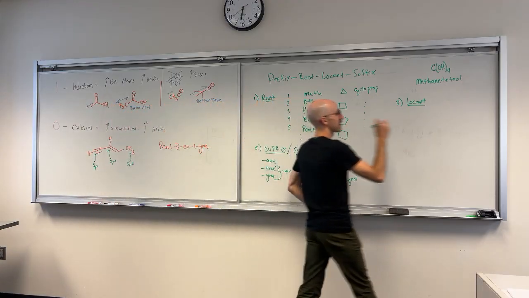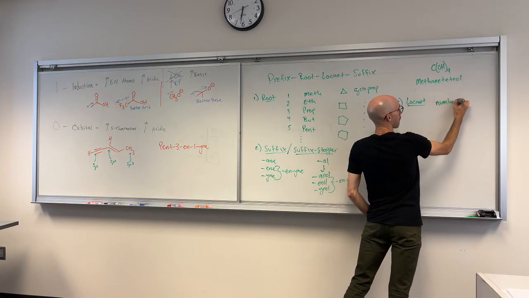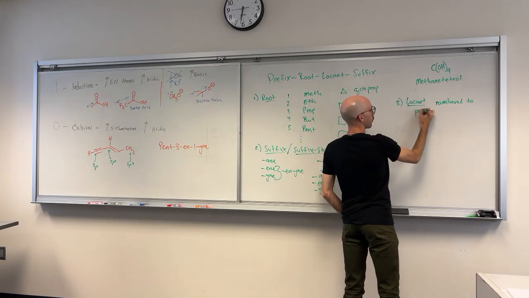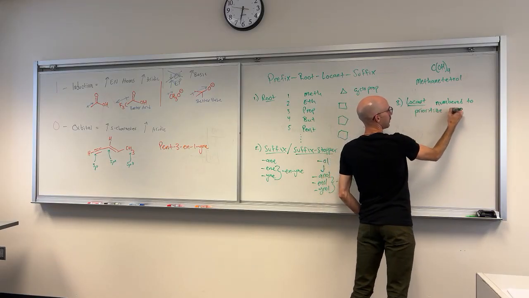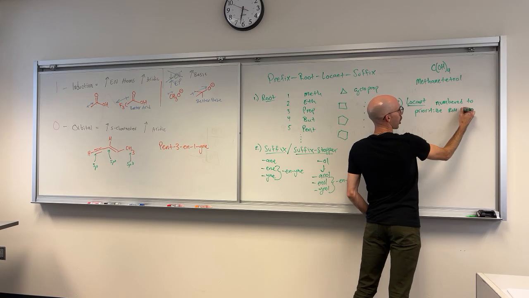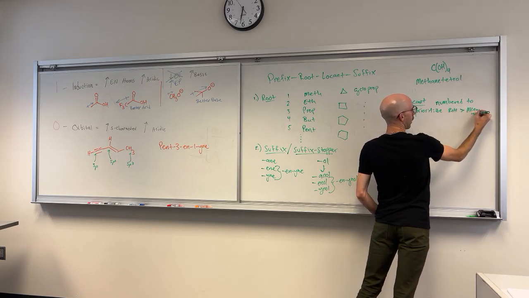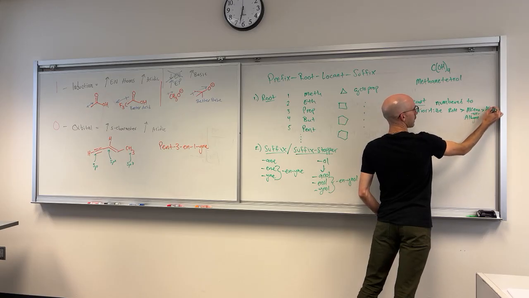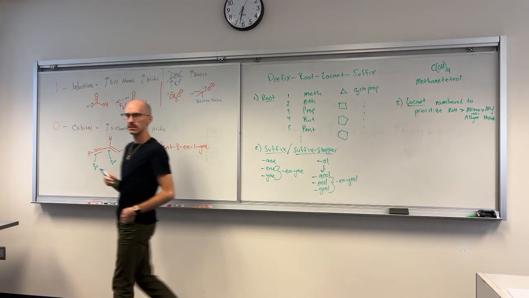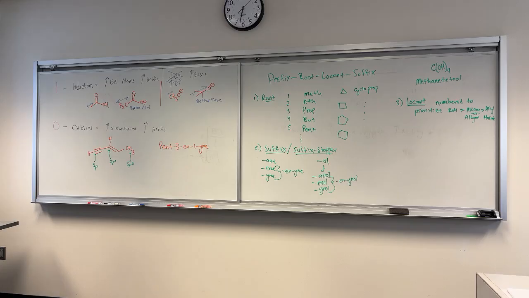What we can say is that we number to prioritize alcohol over the alkene or alkyne over the alkyl or the halide. Alkyl groups like methyl, ethyl, propyl, butyl coming off of a carbon chain have equal priority to fluoro, chloro, bromo, iodo.